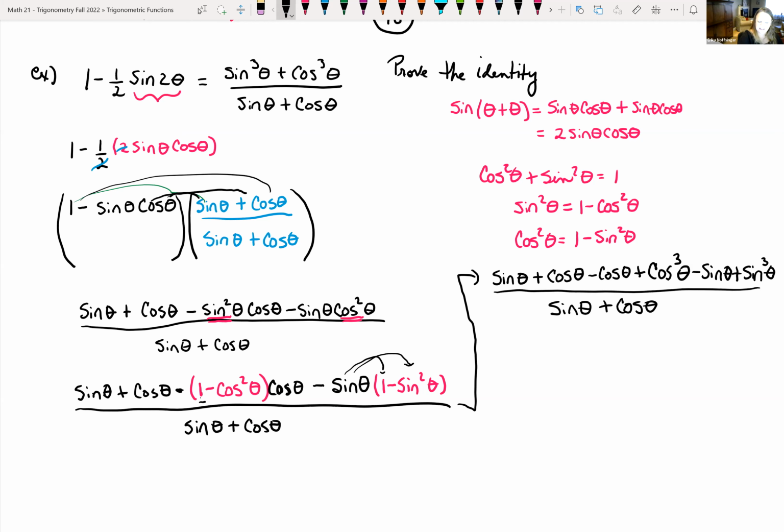So notice things cancel out really nicely, and it's left with what we need. Sine theta minus sine theta here cancels. Cosine theta minus cosine theta cancels. And what we're left with is cosine cubed theta plus sine cubed theta. I'm going to just rewrite the order, and I can do that because it's commutative. So this is the same thing as sine cubed theta plus cosine cubed theta, all over sine theta plus cosine theta.